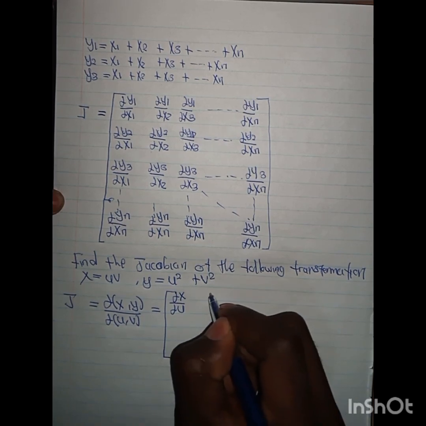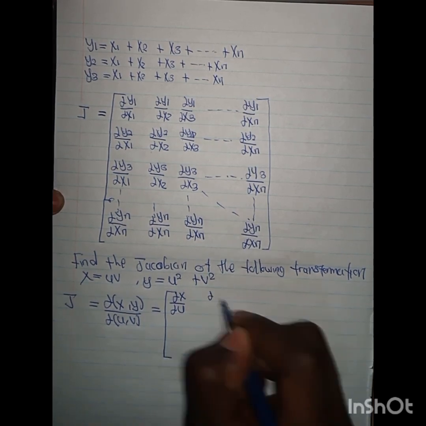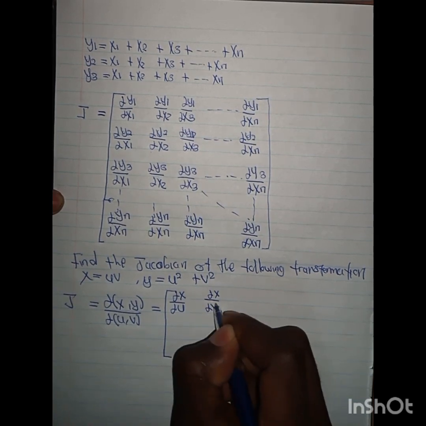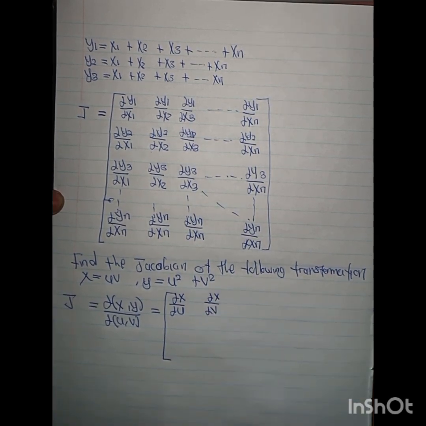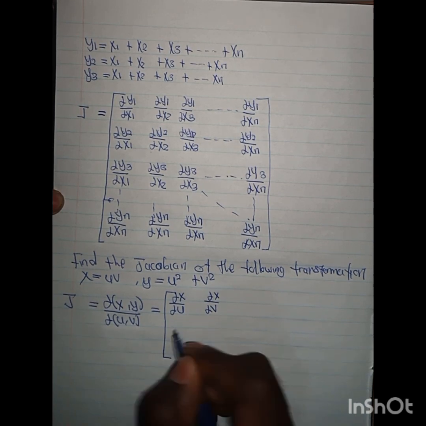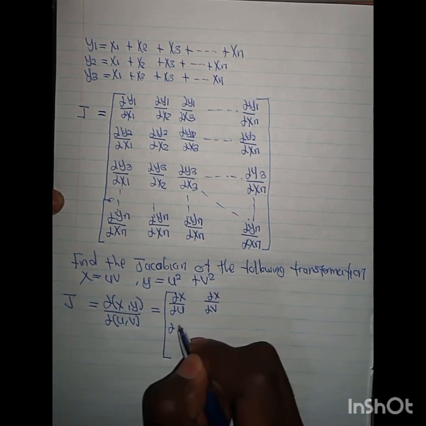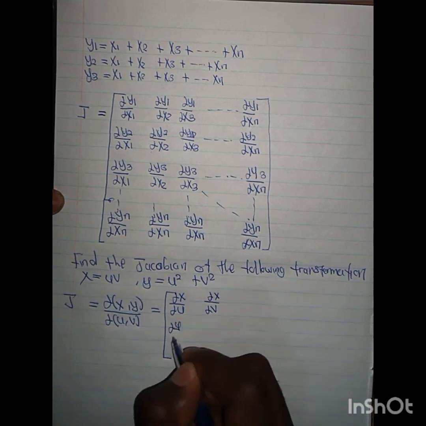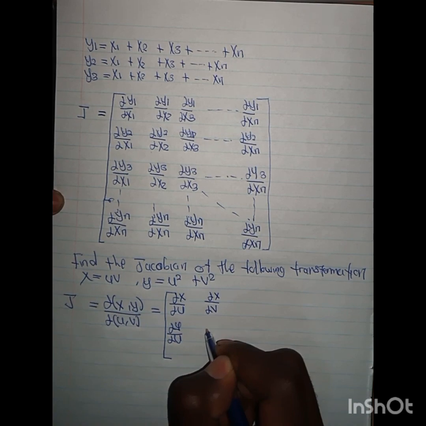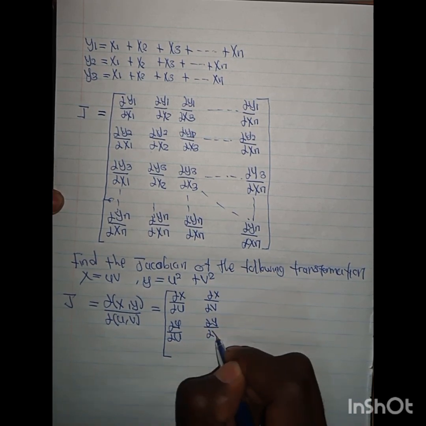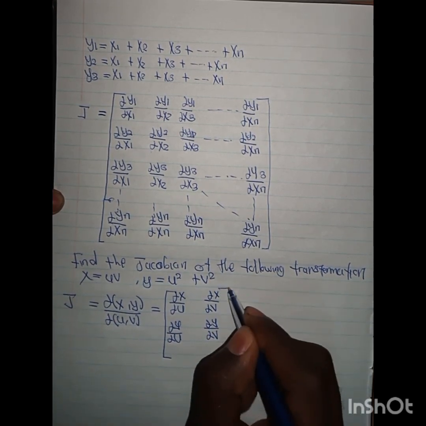In the second column, we will have the derivative of x with respect to v. And in the second row, we will have the differentiation of y with respect to u, and in the second column the derivative of y with respect to v.